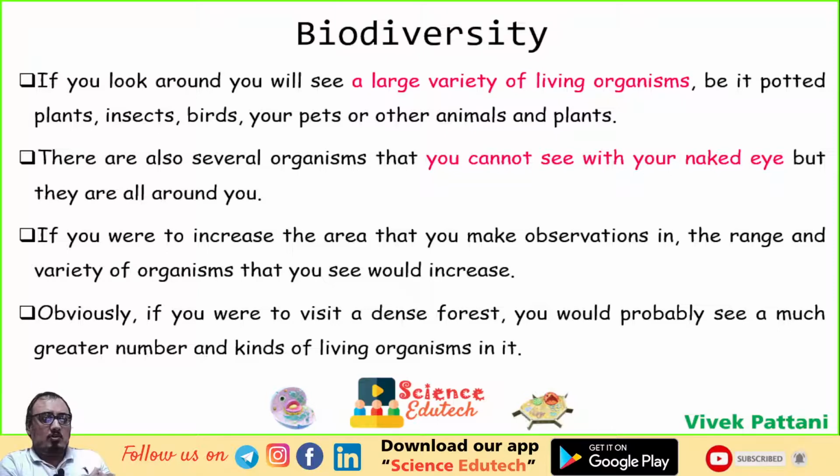Scientists, for proper study, establish a proper identification and classification system. It is thought that around 1.7 to 1.8 million species have been identified till today, but we still have a very limited amount of information.